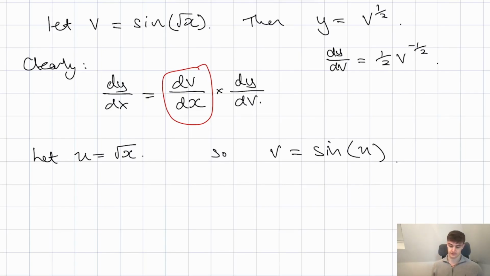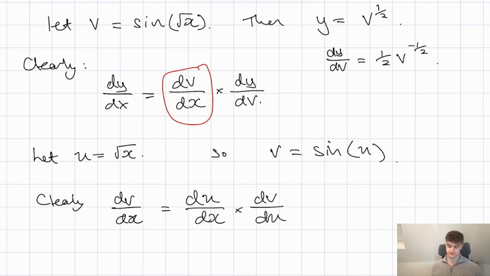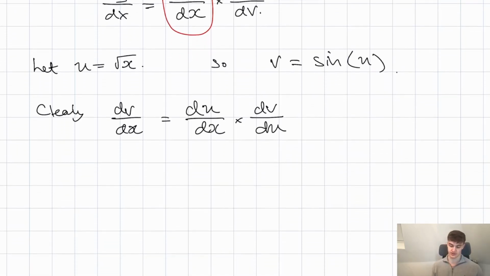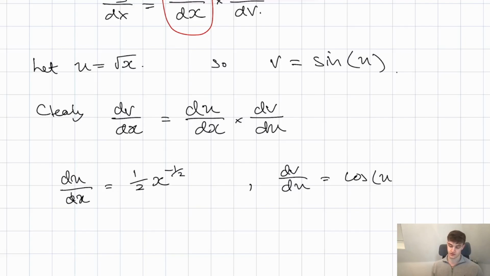Again, we can say clearly dv by dx by the chain rule is du by dx times dv by du. So all I need to do is work those out now. Du by dx is equal to half x to the negative half, and dv by du is just cos of u.